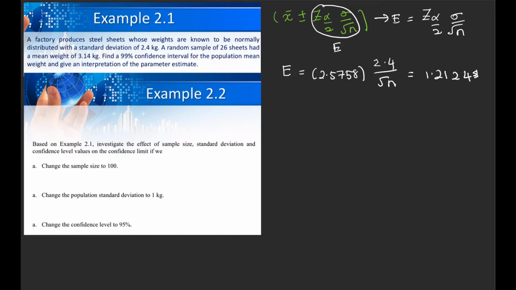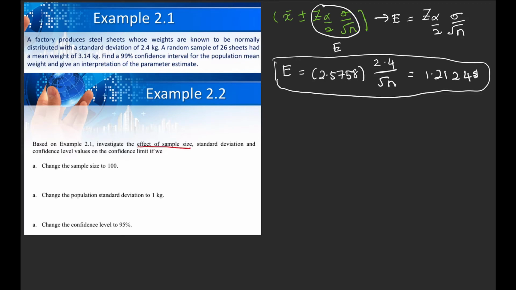Okay, so this one is your estimation error. Right. So if you look at example 2.2, based on example 2.1, investigate the effect of sample size, standard deviation, and confidence level value on the confidence limit if you have changed the sample size to 100. So what will happen if you change your sample size to 100?